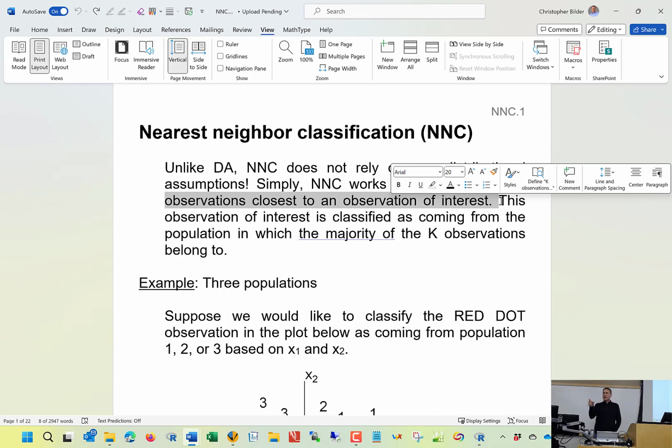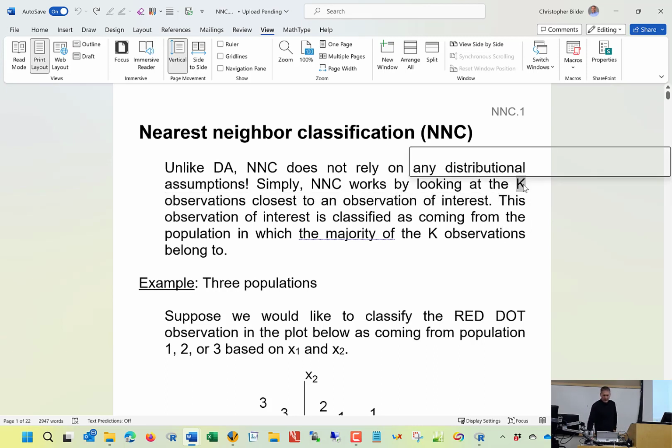Let's say you have 5 observations nearby, where 4 of them are from group 1, and 1 of them was from group 2. So you might think, okay, how about we predict the classification for this observation of interest to be group 1, because its nearest neighbors are mostly from group 1. That's simply how it works. Okay?